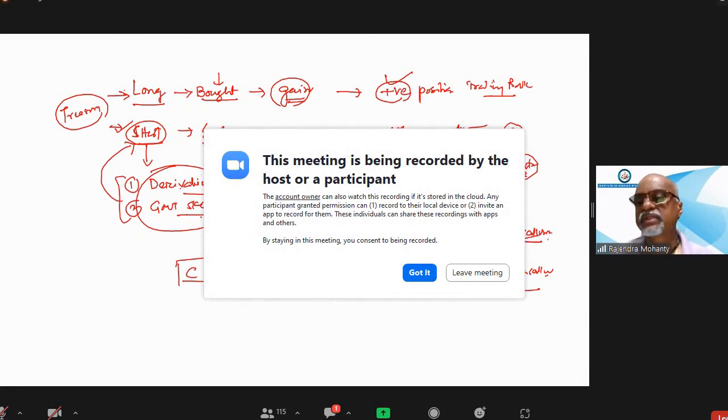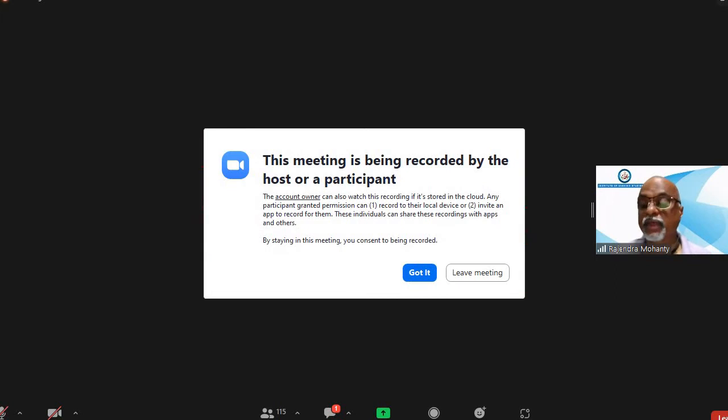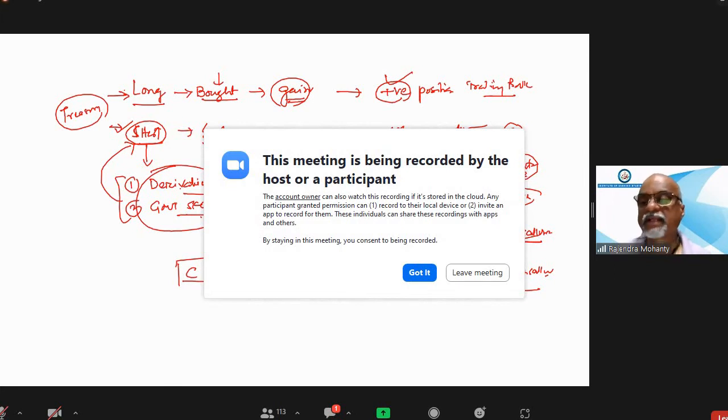Vertical disallowance is to be made to cover the basis risk. If there is basis risk, then that has to be covered. So for that, vertical disallowance has to be made. Horizontal disallowance is to be calculated to cover the yield curve risk.